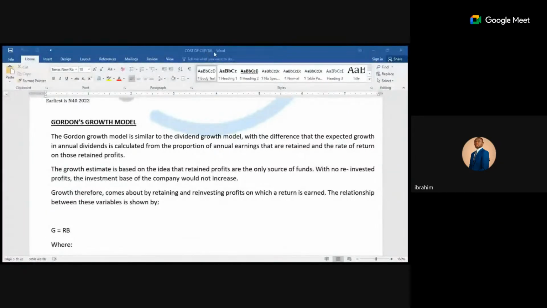Class, cost of capital. Please, can someone remind us what we did in our previous class?